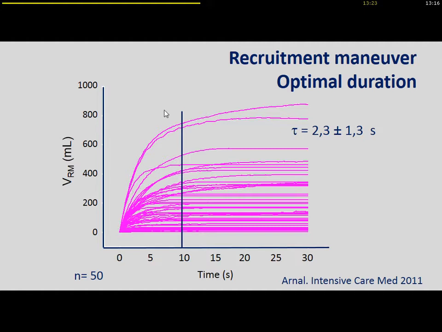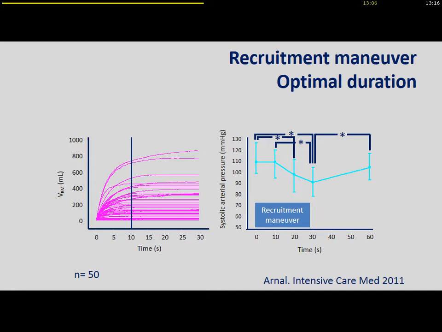But what you can see is that all of the recruitment occurs very early during the recruitment maneuver. More or less, after 10 seconds, everything is recruited, and there is no point in maintaining the recruitment maneuver for more than 10 seconds.